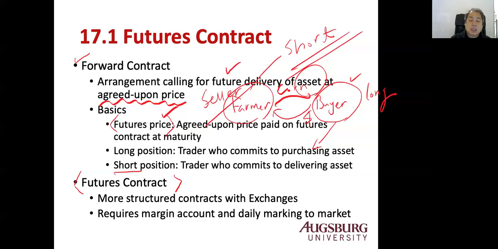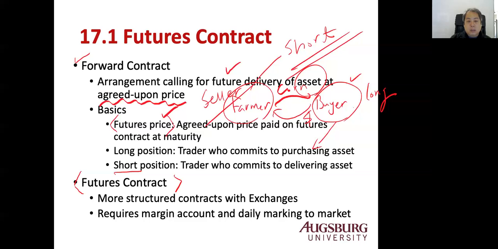The exchanges require investors to have a margin account so that they are sure they can collect the money from one party to the other, basically. And they change the accounts based on the daily market price, which is called daily marking to market. We'll see how to do that later on.